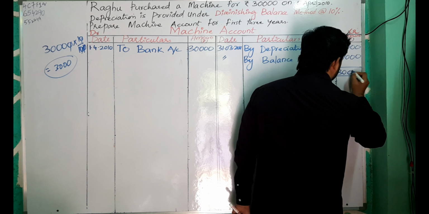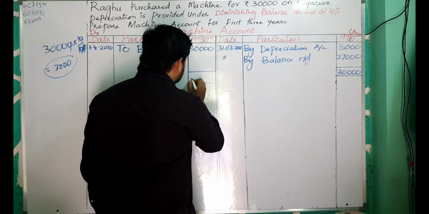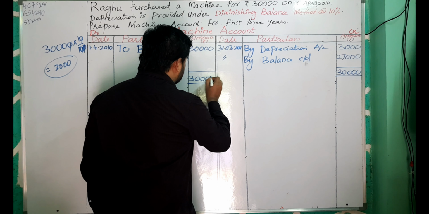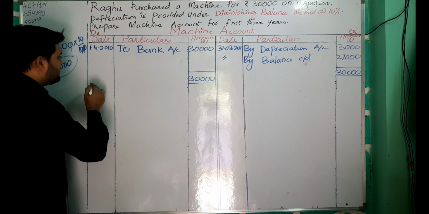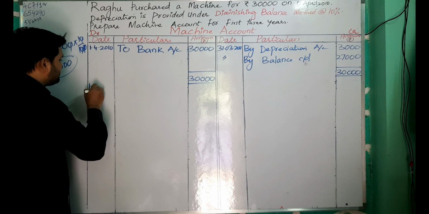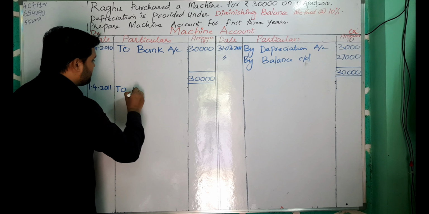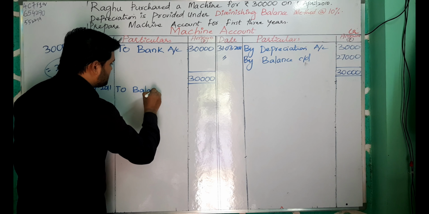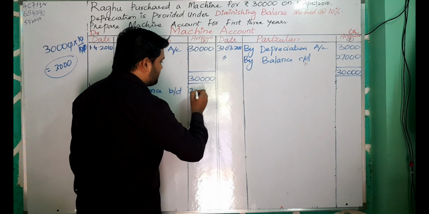Total is 30,000 on both sides. The balance carried down is transferred to the next date, 1st April 2011, to balance brought down 27,000.